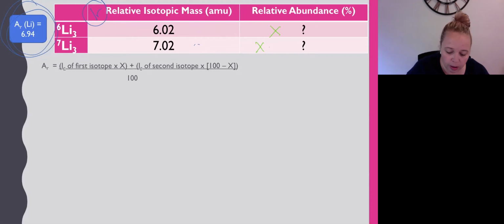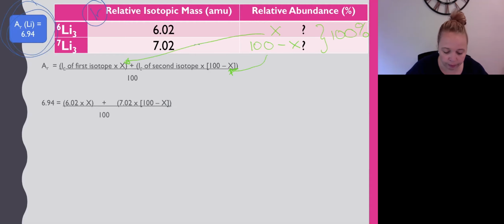And then this one's relative abundance is going to be 100 minus X, because in total, these both have to equal 100%. So that's where the 100 minus X came from, and that's where the X came from here.